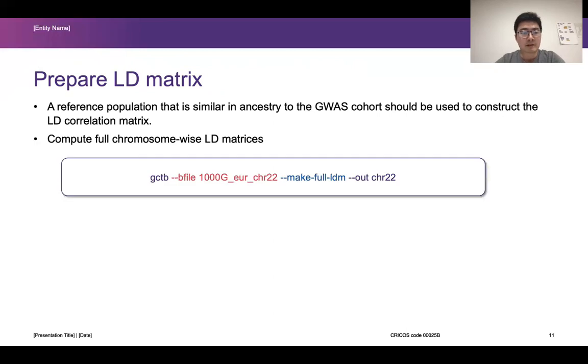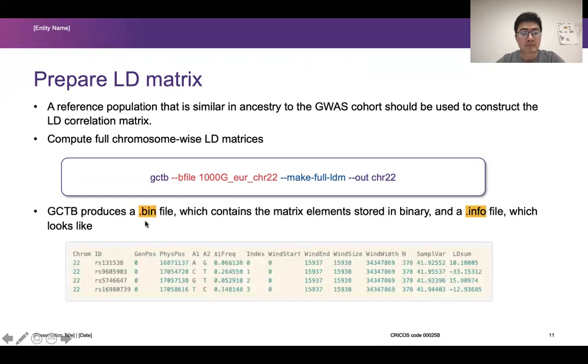This command computes the full chromosome-wise LD matrix using the PLINK BED file as the input genotype file. It will produce a binary file, which includes all the matrix elements stored in float precision, and also an information file, including the SNP information as well as the window information.